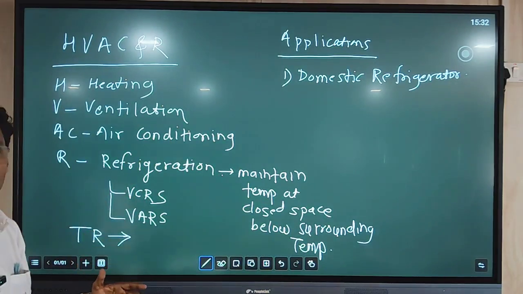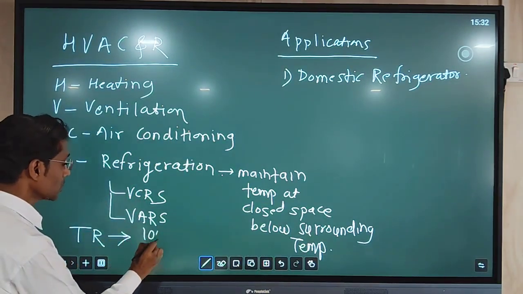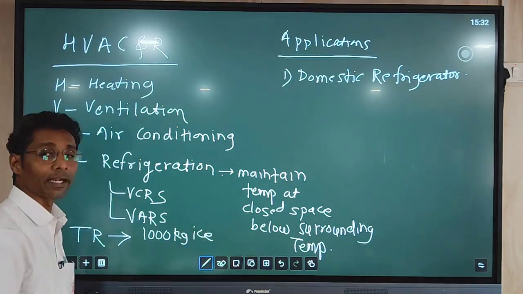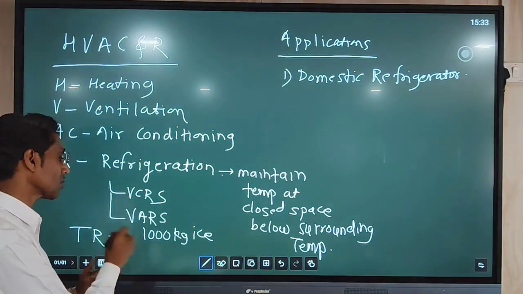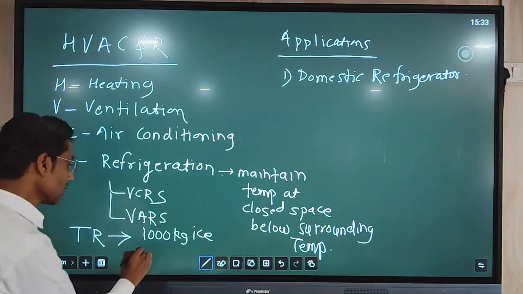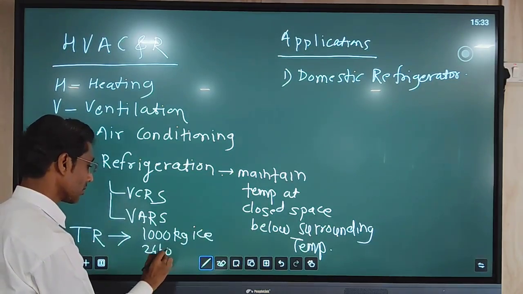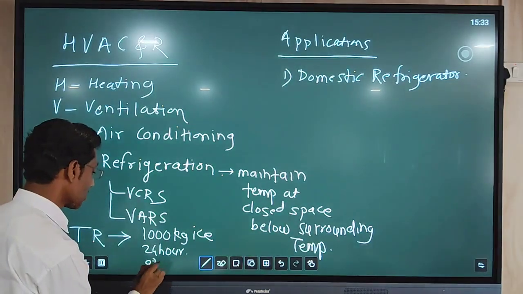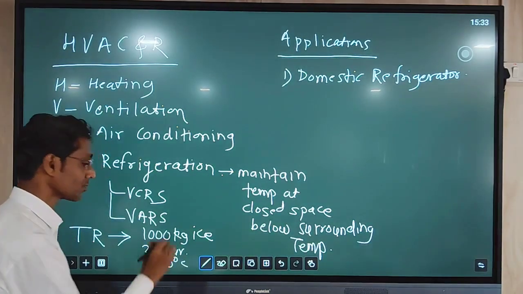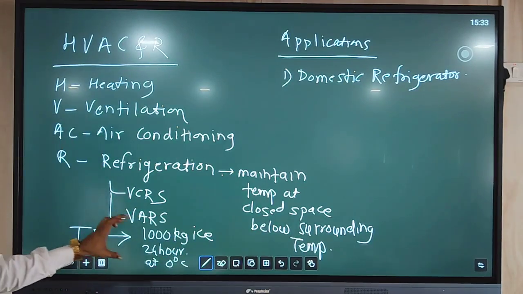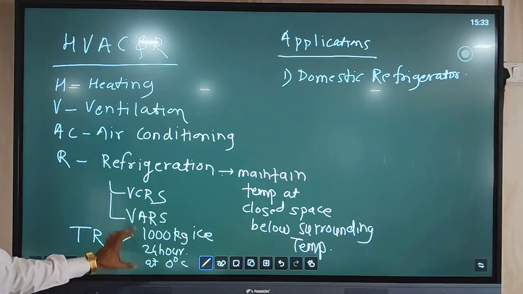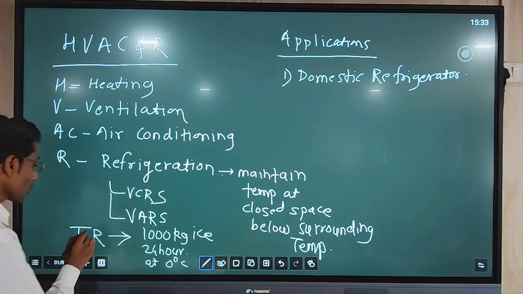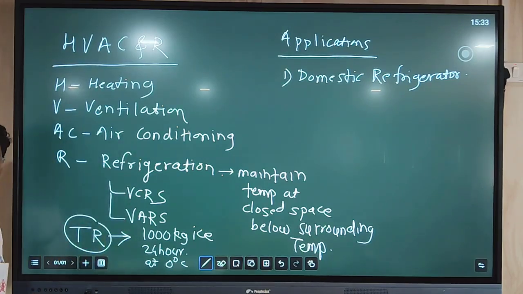When 1000 kilogram, means 1 ton, of ice is melted in a 24-hour time at 0 degrees Celsius, whatever cooling effect is produced, that cooling effect is called 1 ton of refrigeration.